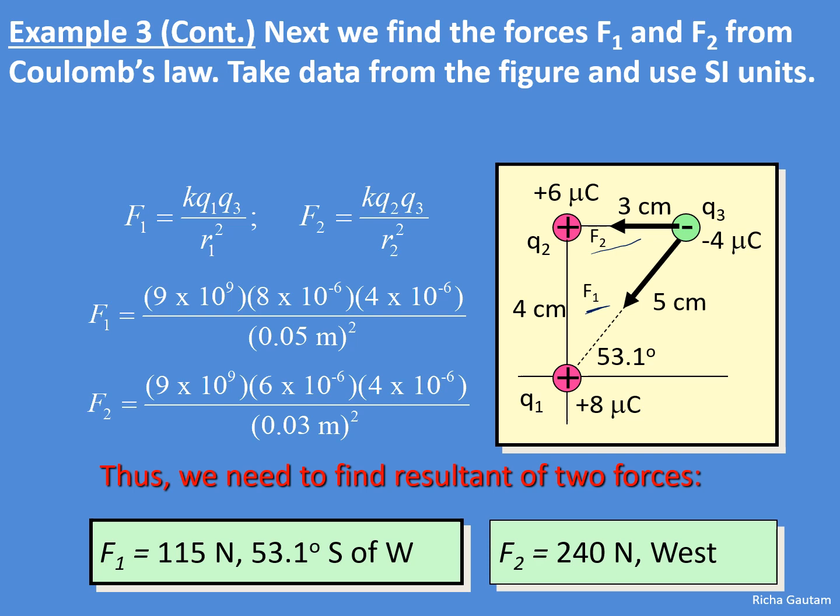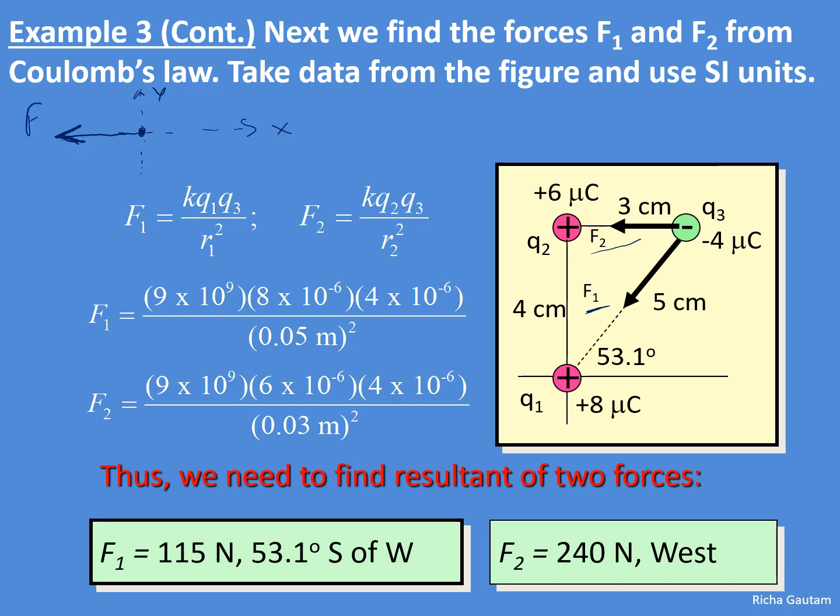So if you see the vectors, if this is your origin and I draw my coordinate frame like this, here is your x, here is your y, and F2 is going on the negative x axis.